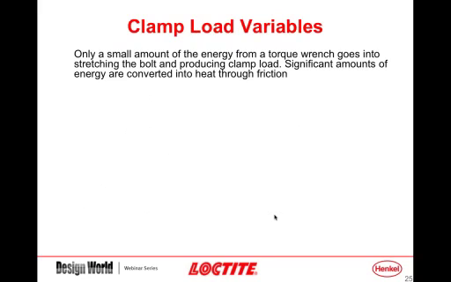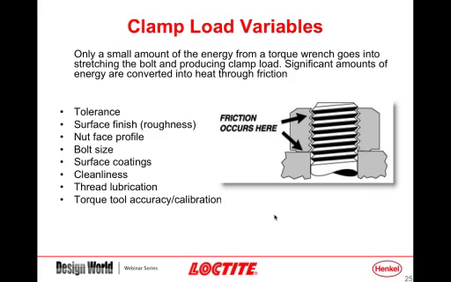This slide says only a small amount of energy from a torque wrench goes into actually creating the clamp load. 85% of the force put on a torque wrench is consumed in overcoming friction. That friction occurs along the threads and along this face. Those are the major areas. So only 10 to 15% of the force applied with a torque wrench actually goes into stretching the bolt to achieve your clamp load.